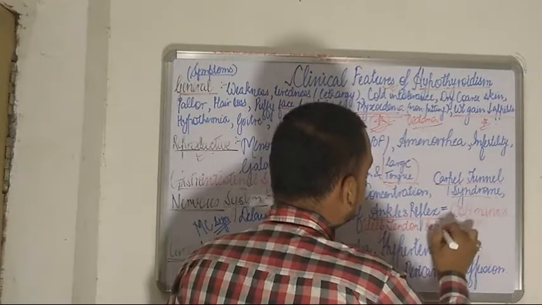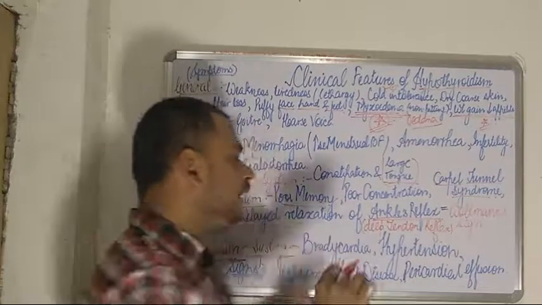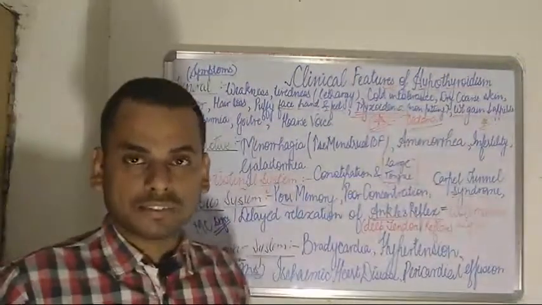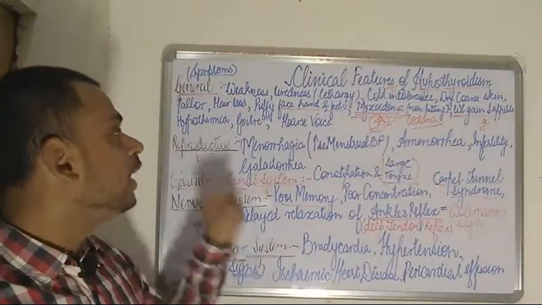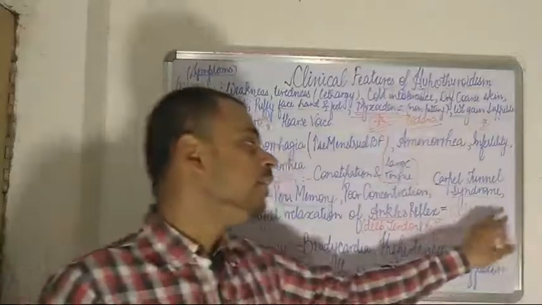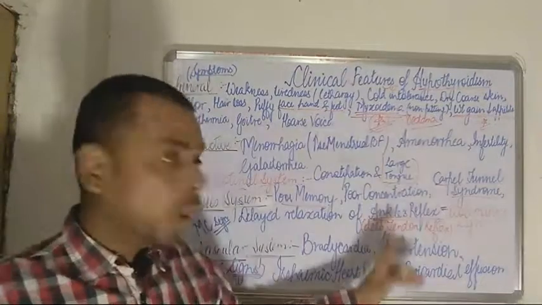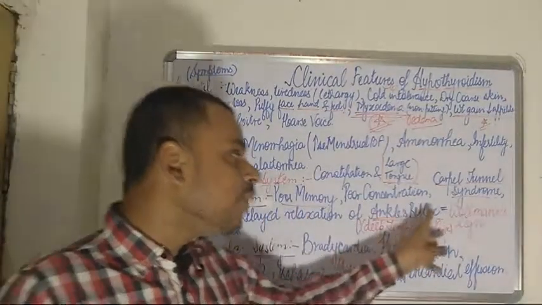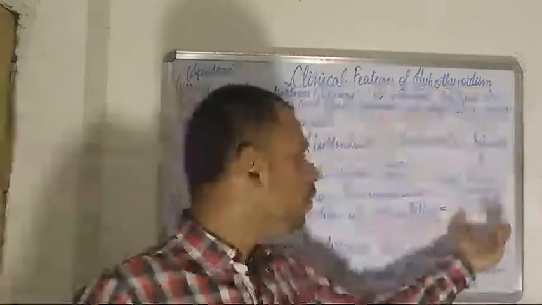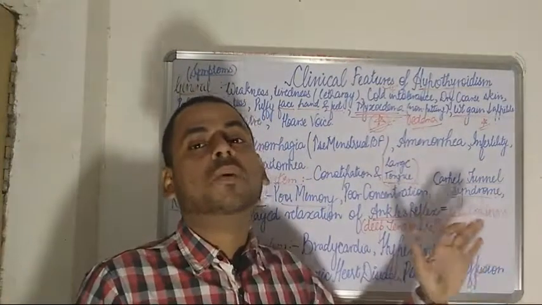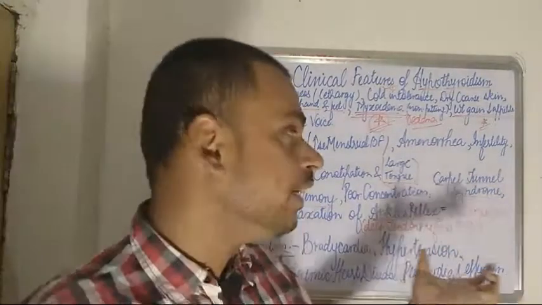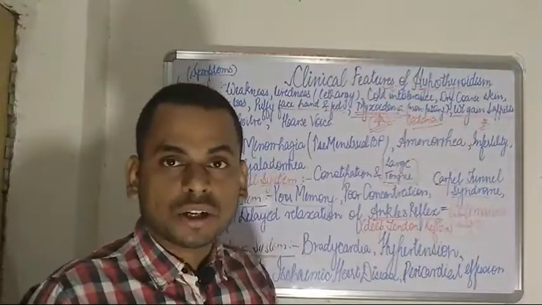Or in other words, there can be a delayed relaxation of the ankle reflex. In patients of hypothyroidism, this delayed relaxation of deep tendon reflexes or ankle reflex is the Woltman sign. This is a very peculiar and distinguishing finding seen in patients of hypothyroidism.